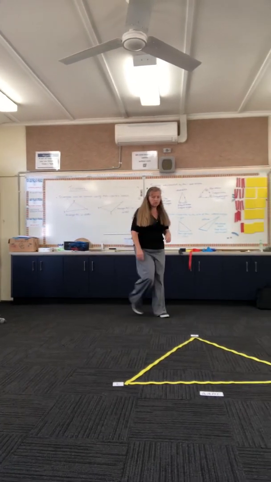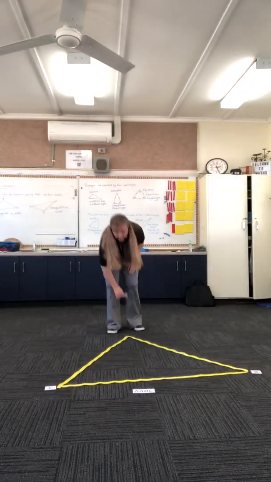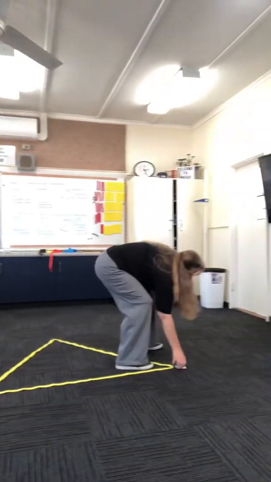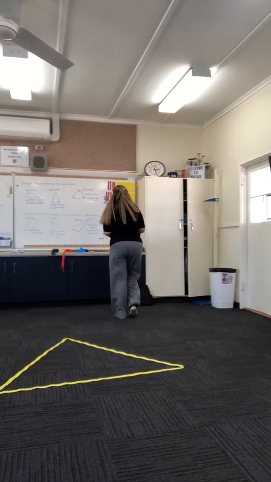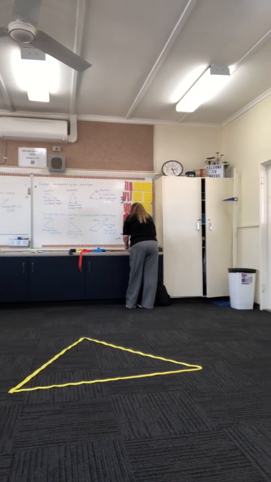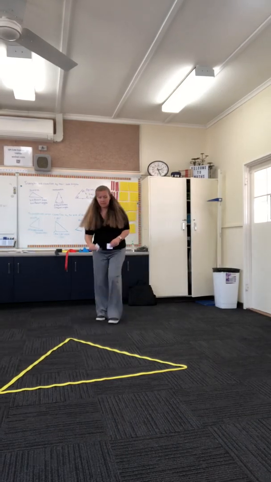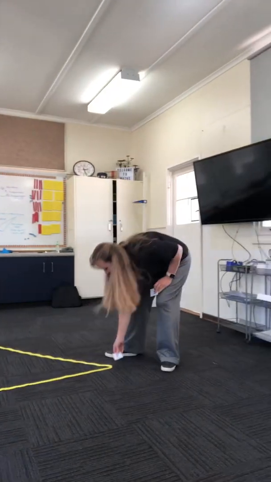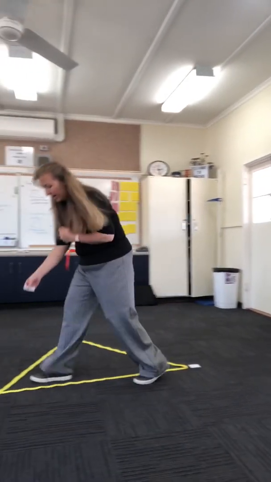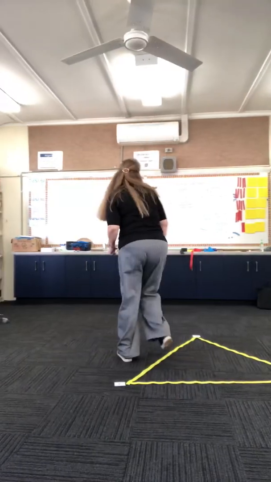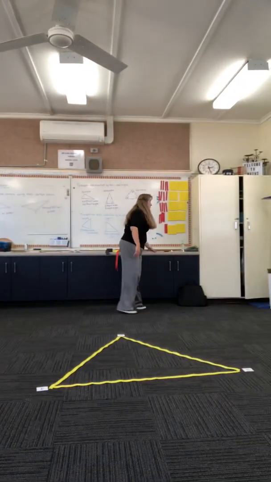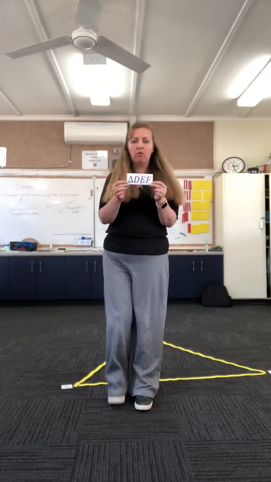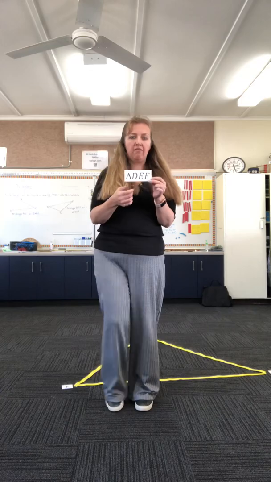So I could change the one on the floor to be triangle DEF by removing the labels A, B, and C, and giving it the new labels D, E, and F. It's now become triangle DEF, and we can call it that, we can name it, we can label it, we can write it as triangle DEF.